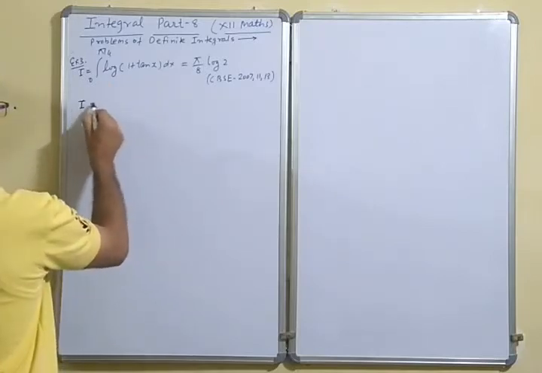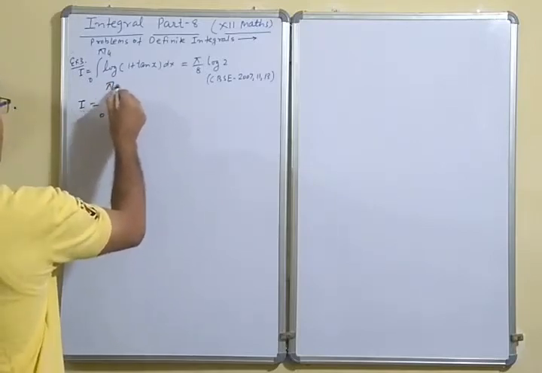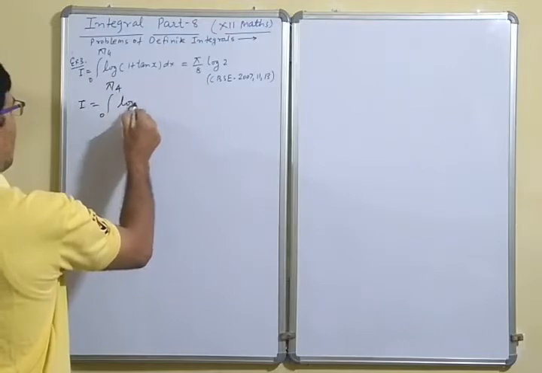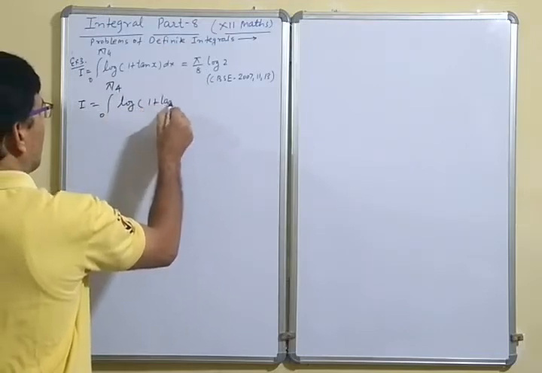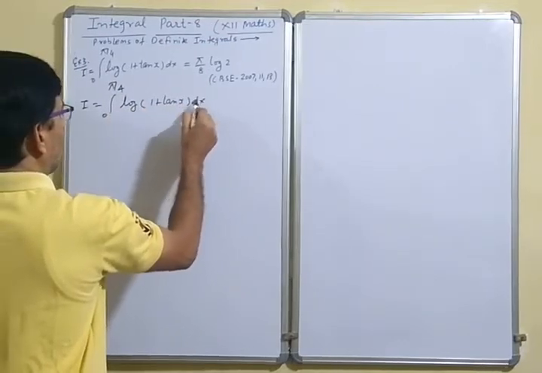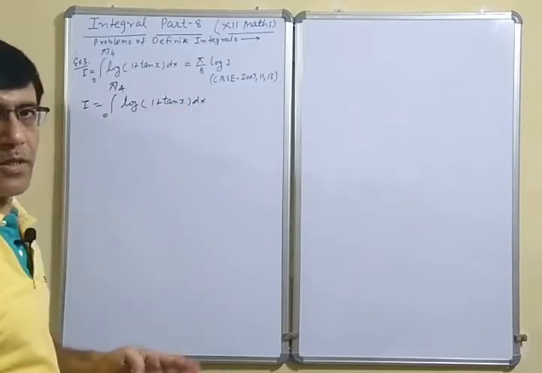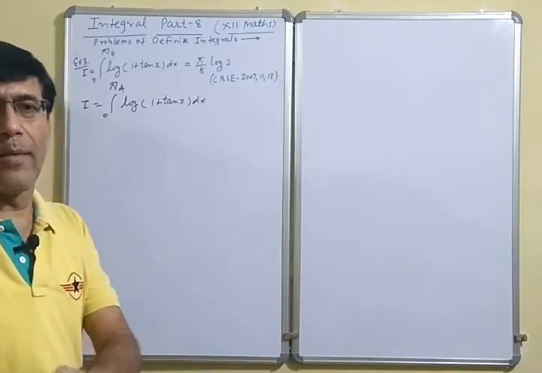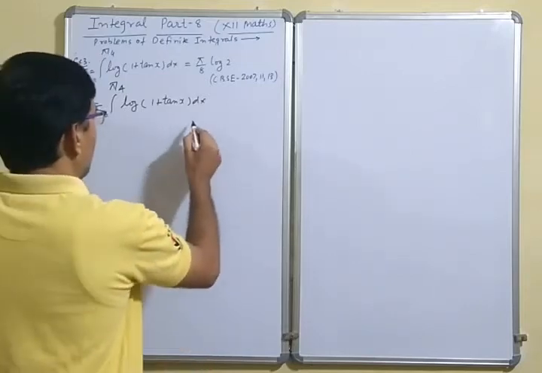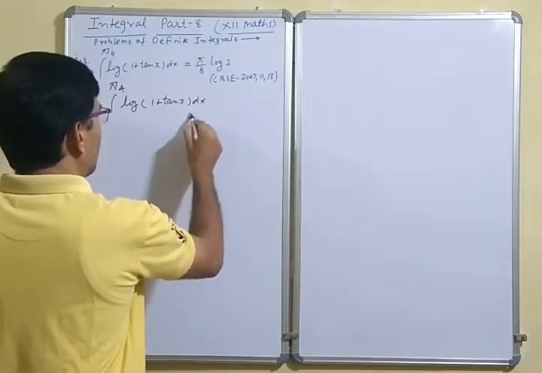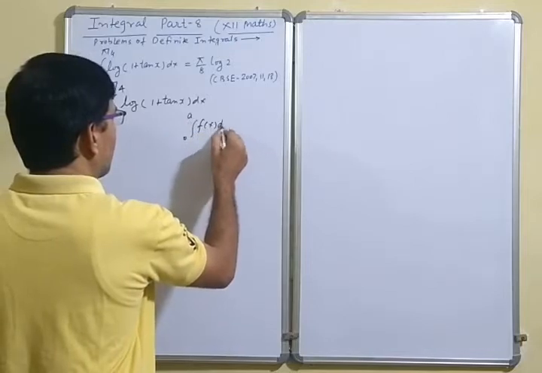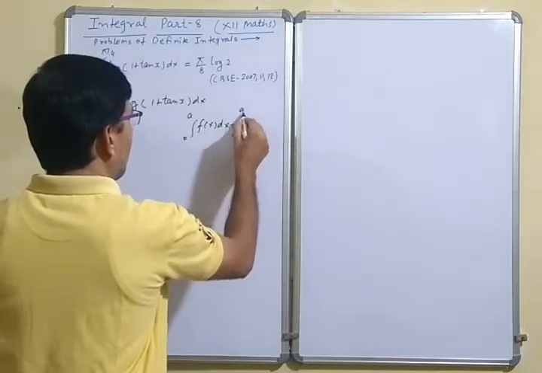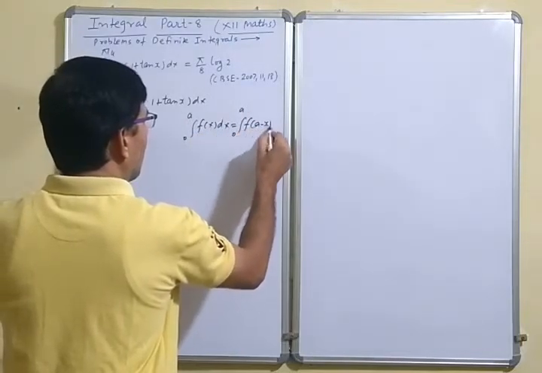So I is equal to the integral from 0 to pi by 4 of log(1 plus tan x) dx. Here we will use the property that the integral from 0 to a of f(x) dx is equal to the integral from 0 to a of f(a minus x) dx.